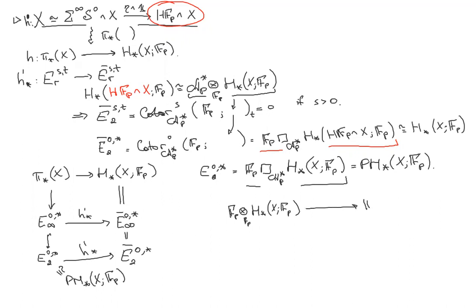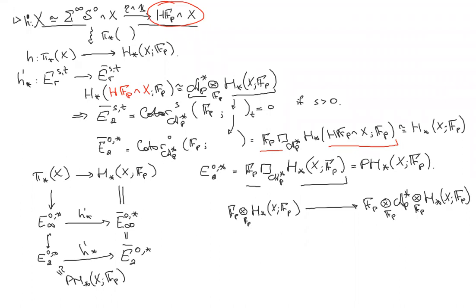So we have a map from here to such a tensor product, star, homology of X. And this is a difference between two coactions.